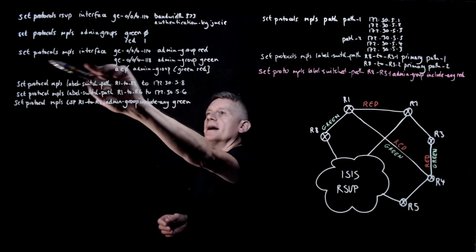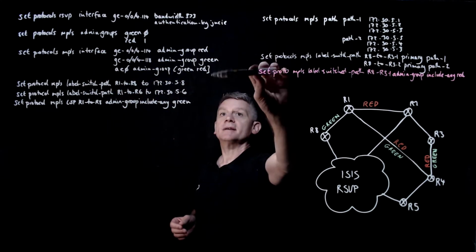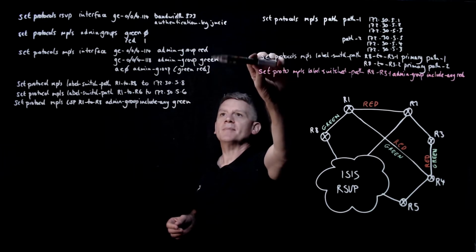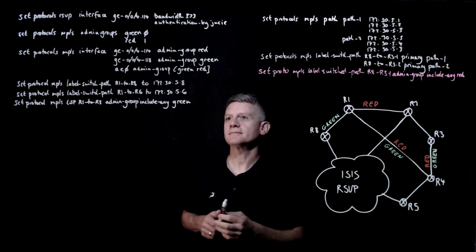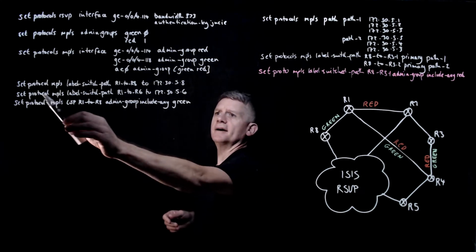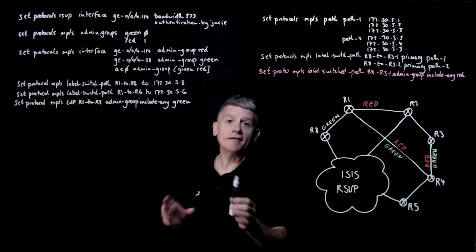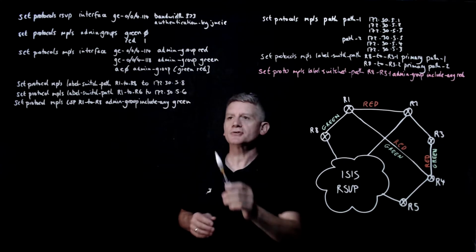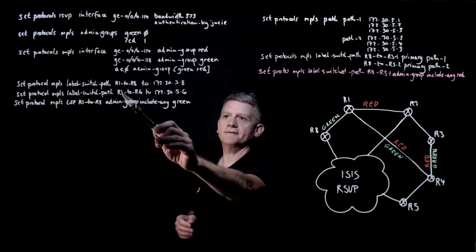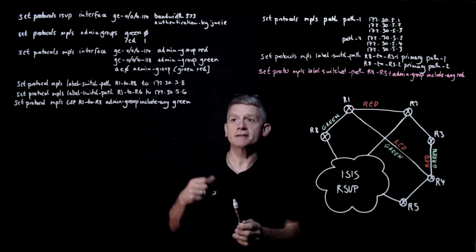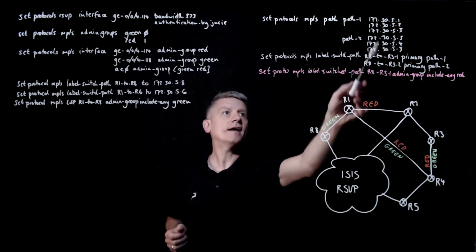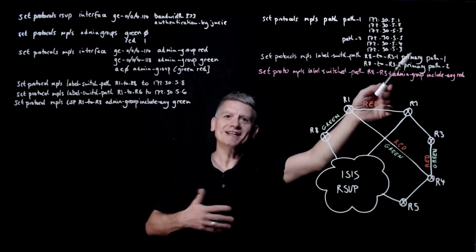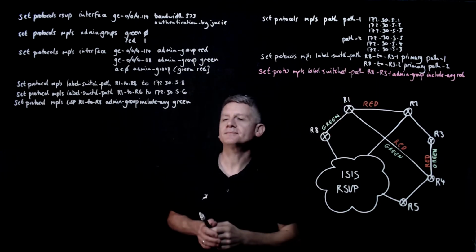So under MPLS and under the interface, we can actually apply these admin groups with, of course, the associated affinity numbers. And then down here, we specify our actual label switch paths. We're trying to put a 2 in the middle of our definitions of these paths to separate the label switch path itself from over here, a path that will run on the LSP and help define it.